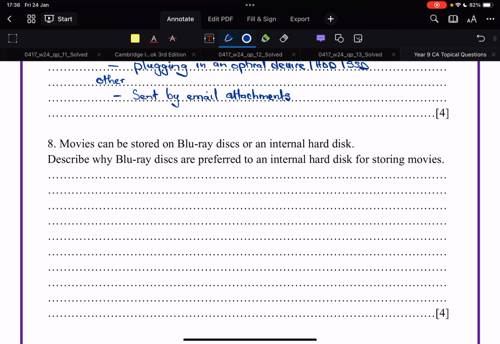Now, one of the things about the Blu-ray, and something I need to point out for you watching this video, is that apart from the fact that it's another example of the optical storage media, they are different even from the ones for DVD.